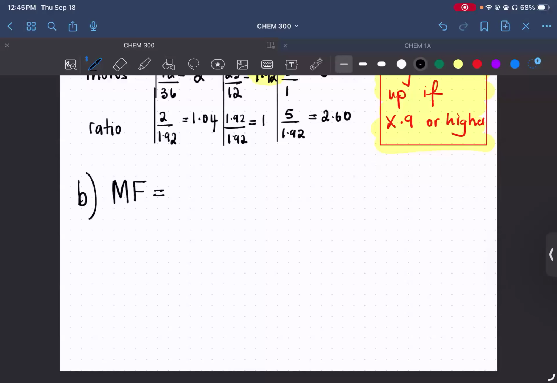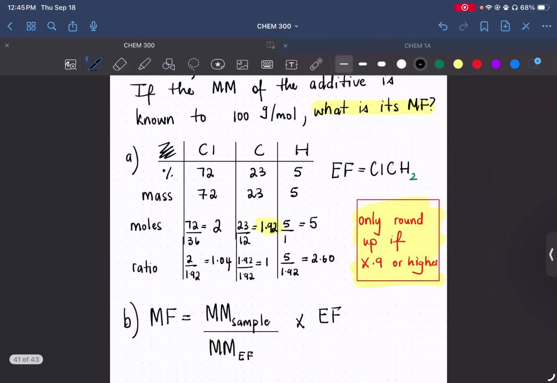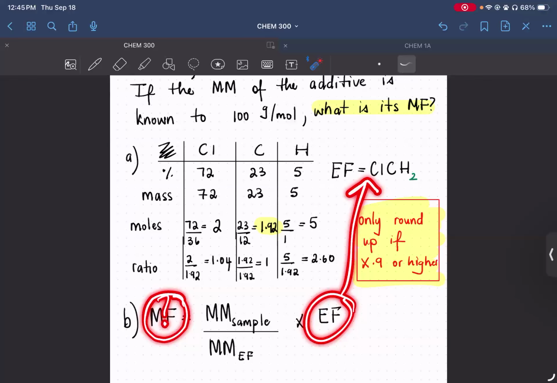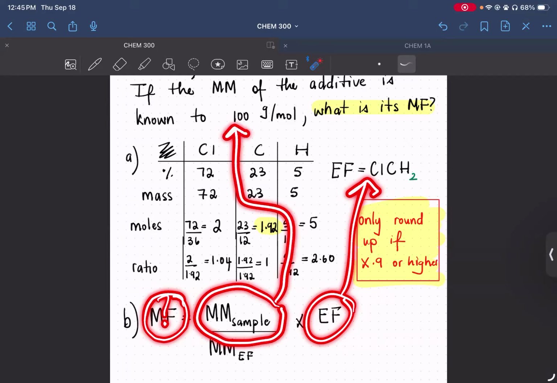Molecular formula, MF, is equal to the molar mass of the sample divided by the molar mass of the empirical formula, multiplied by the empirical formula. We're trying to find MF, okay? We already know the empirical formula, and we know the molar mass of the sample. That was told to us in the question.